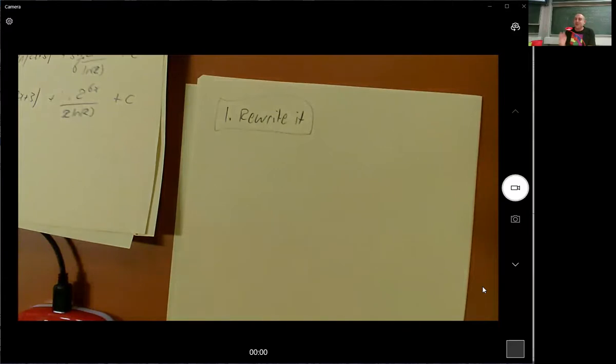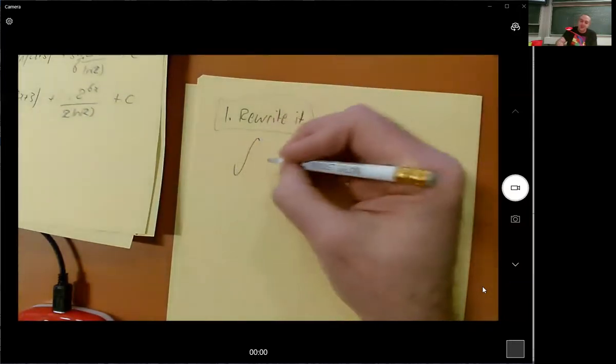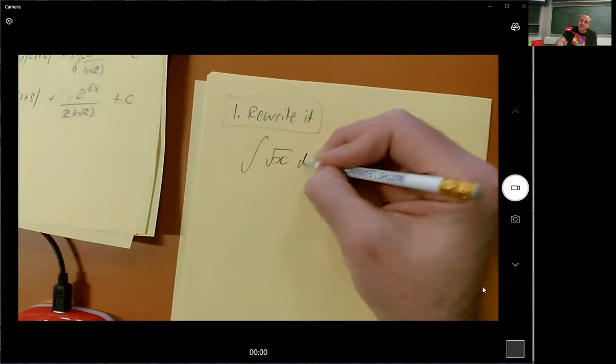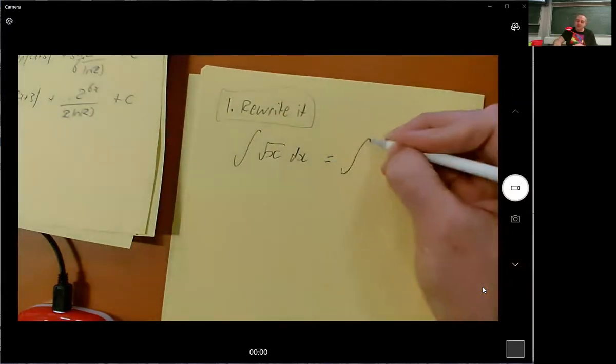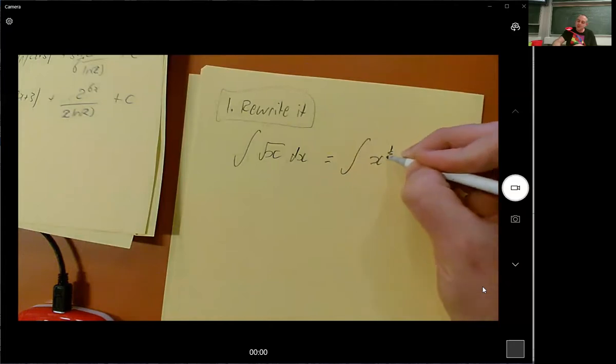So technique 1 is rewrite it. And the classic is that if you look at it and you notice that just some algebra would turn it into a thing that you know how to do, then do it. So the square root of x, for example, well, the square root of x is the same as x to the power of a half.